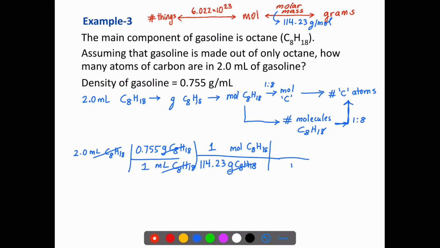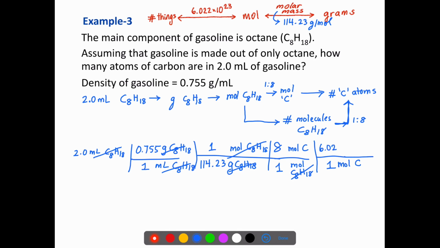Next step, I'm going to go from moles of octane to moles of carbon, okay? And the ratio is 1 mole of these will contain 8 moles of carbon, okay? So now the moles of octane cancel out. Next, we go from moles of carbon to number of carbon atoms. So 1 mole of anything is Avogadro number.